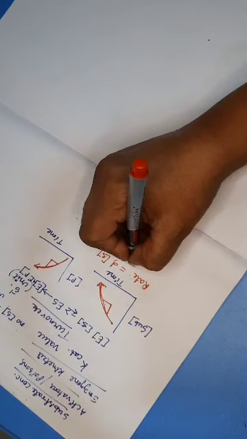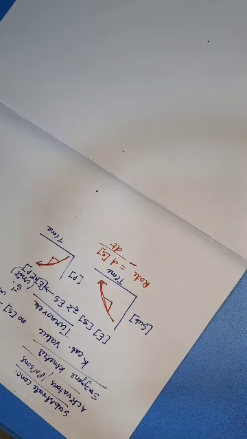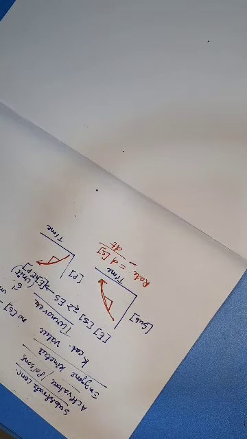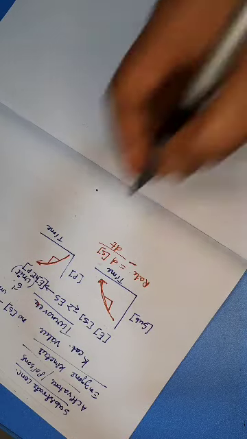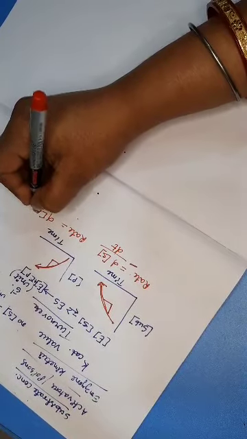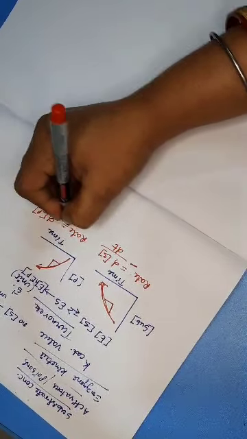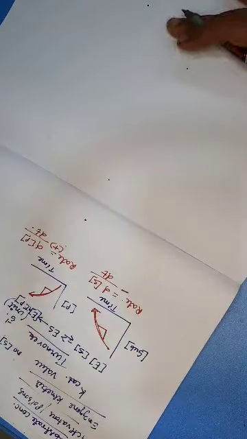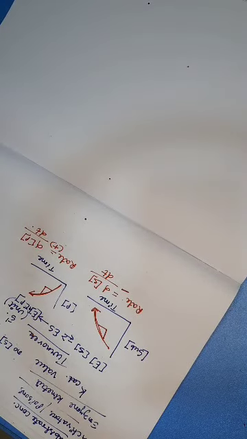Since the substrate concentration is decreasing, I will represent an overall minus sign to it, and the rate of formation of product will be the change in product formation over unit time, but as the amount of product is increasing, this will be given a plus sign. Then change in concentration over time can be called the velocity of the reaction, and it will change the concentration of both the substrate and the product with time.